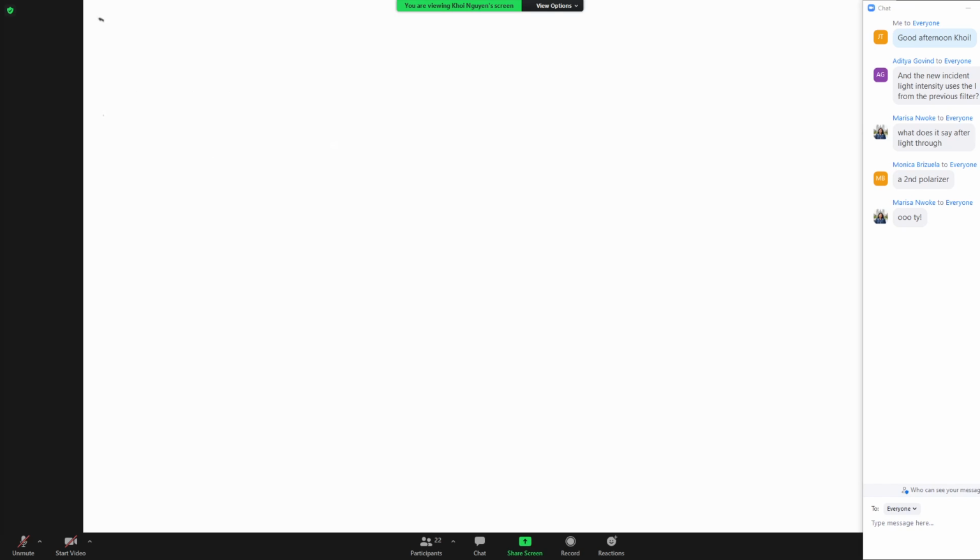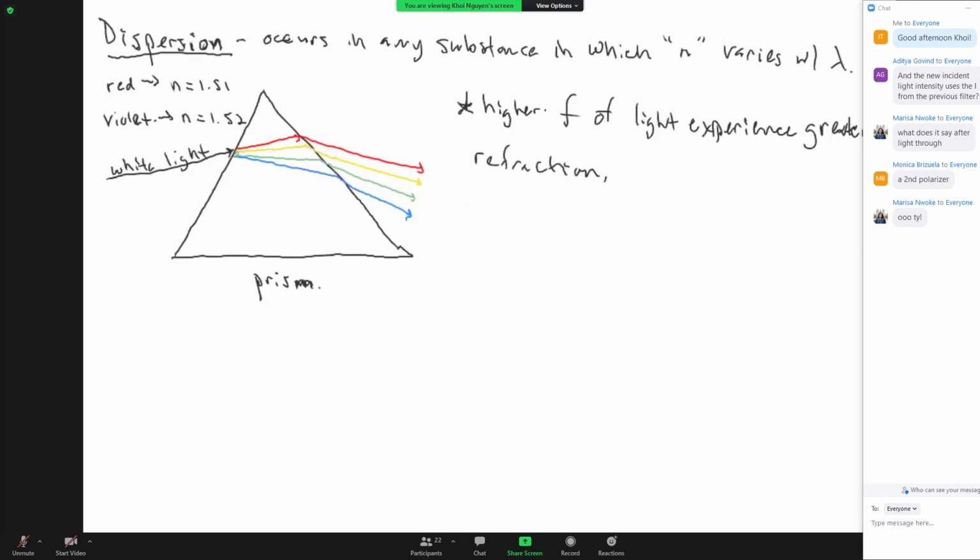All right. Let's take a look now at what happens between an interface. What numbers? Oh, for red and violet? Yes. No, just know that there are varying indices of refraction for all the different wavelengths of light within an amorphous medium, right?